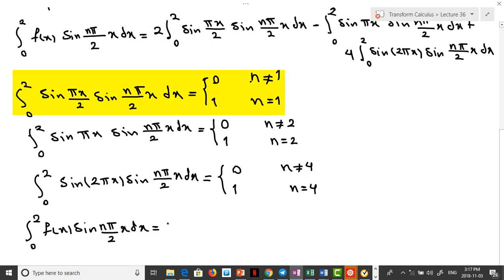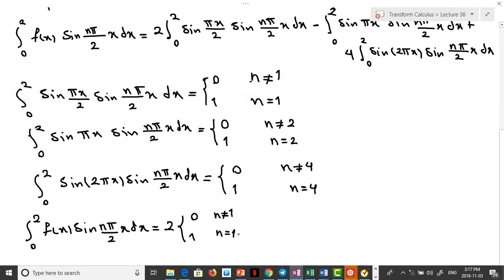So it's equal to 2 times 0 if n is not equal to 1, and 1 if n is equal to 1, plus or minus the second integral, the integral from 0 to 2 of sin(πx) sin(nπx/2) dx.